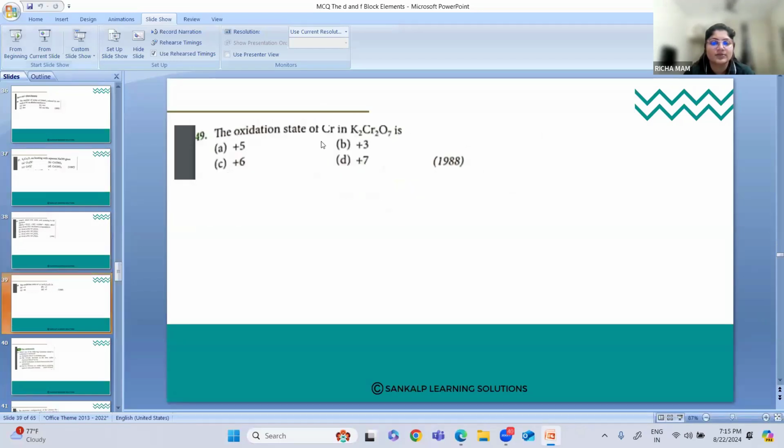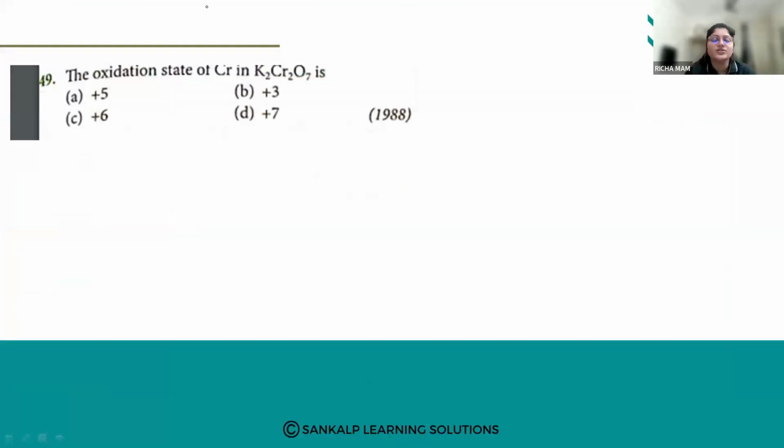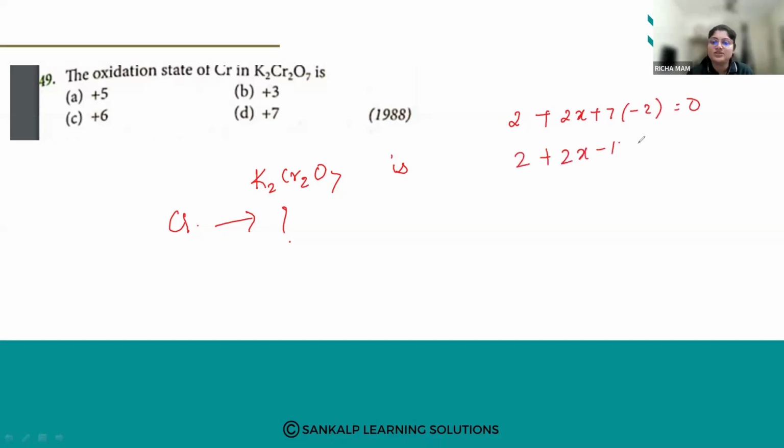Okay, so we'll solve some questions on oxidation states. Find out the oxidation state of chromium in K2Cr2O7. Potassium is +1, so 2 plus 2x plus 7 into minus 2 equals 0. 2 plus 2x minus 14 equals 0, 2x minus 12 equals 0, so x equals 6.